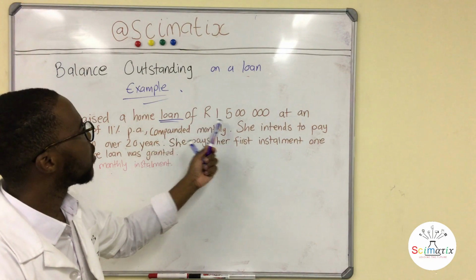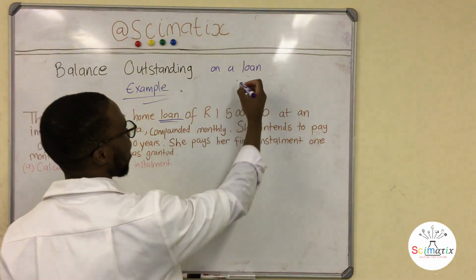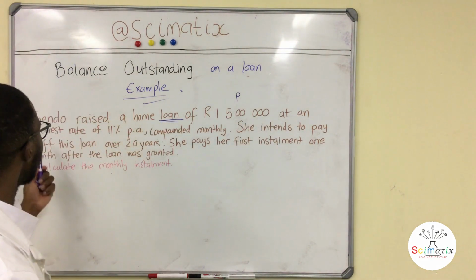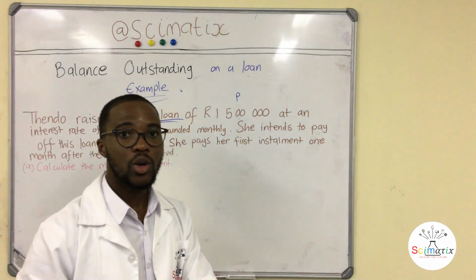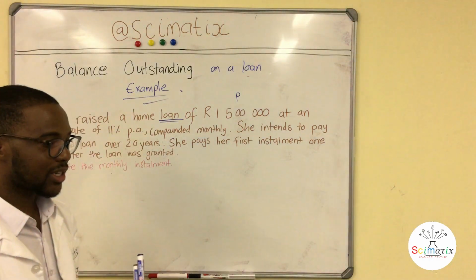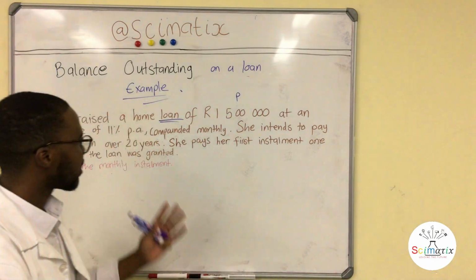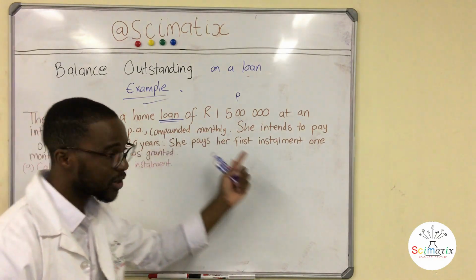A loan of 1,500,000. So we know this is our P, our present value at the moment, at an interest rate of 11% per annum, compounded monthly. Now remember we discussed that you either have an effective interest rate or a nominal interest rate. They tell us that this interest rate that's stated is compounded monthly.